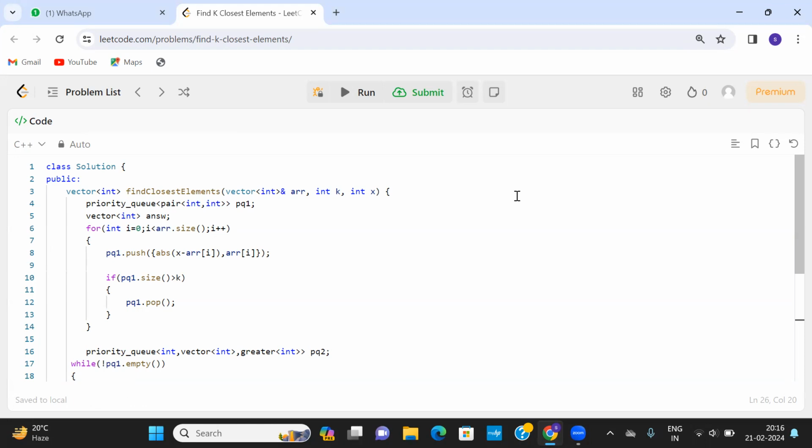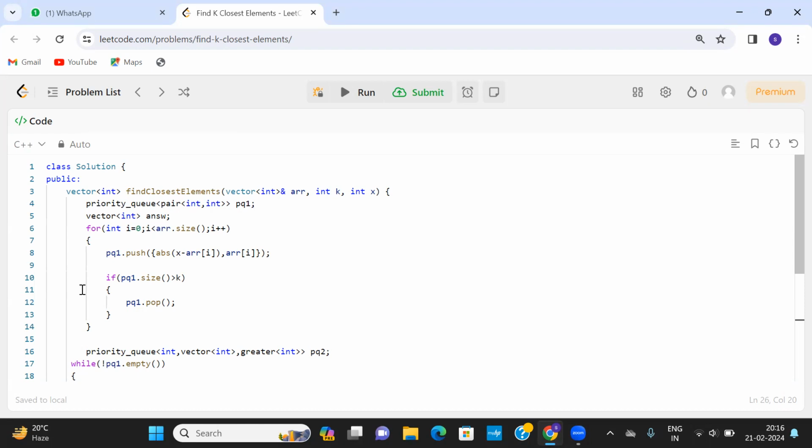We need the k closest integers, so whenever our size is greater than k, we need to pop an element. Suppose there are 5 elements in our priority queue, but we need only 4. The element at the top, we don't need, because we already have 4 elements which are closer than that particular element. So we will pop that top element.